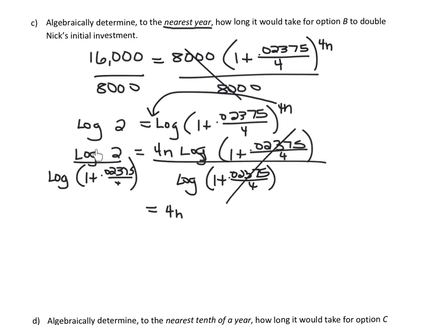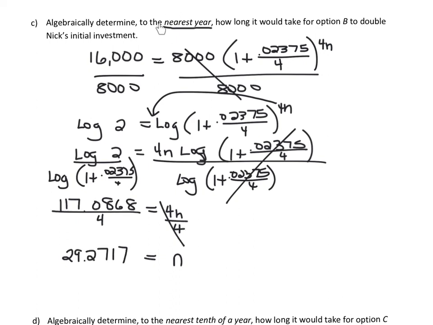Now this you're going to have to plug in your calculator, and on your paper, we're going to have to round. But remember, you're going to leave that entire number in your calculator. So on your paper, you can round to 4 decimal places, and this is what we get. But in your calculator, you're going to leave that in there and just hit divided by 4. So it's going to take the answer and divide it by 4. And when you do, you get approximately 29.2717. Now they want it to the nearest year, so this would round to 29 years.